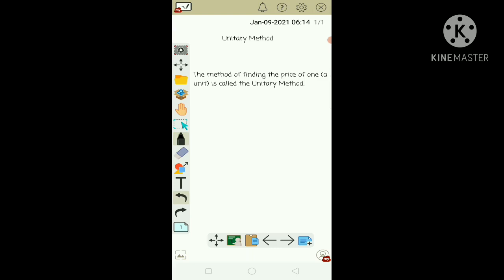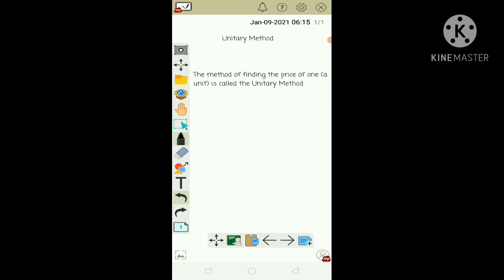If you purchase a single pencil, then you have to calculate what it costs if you purchase 10 pencils or 20 pencils or 5 pencils, whatever it may be. It depends upon how many things you are going to purchase. In this example, your book has given: find the cost of each pencil by equal grouping.